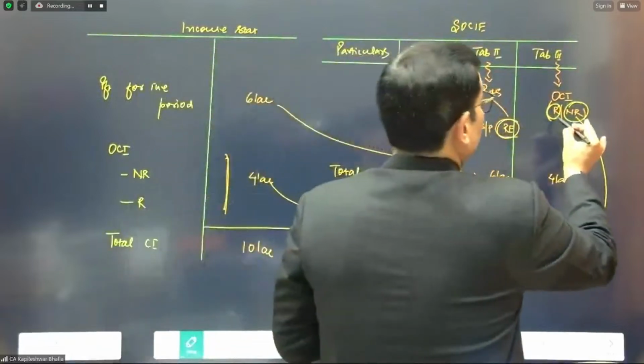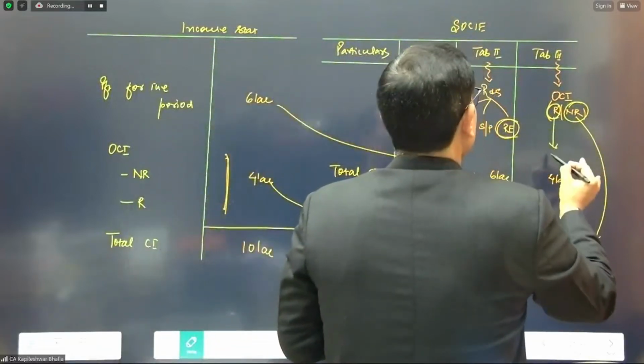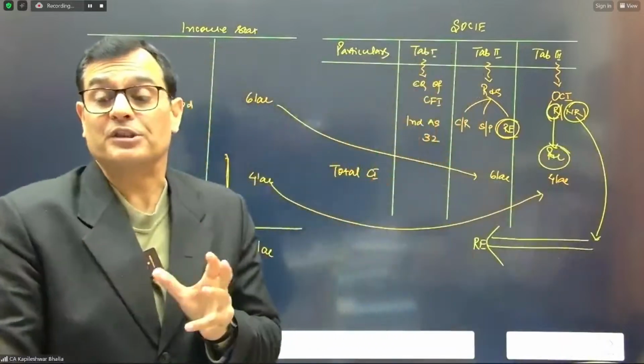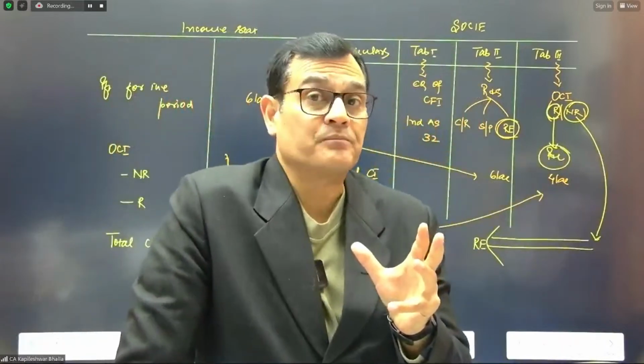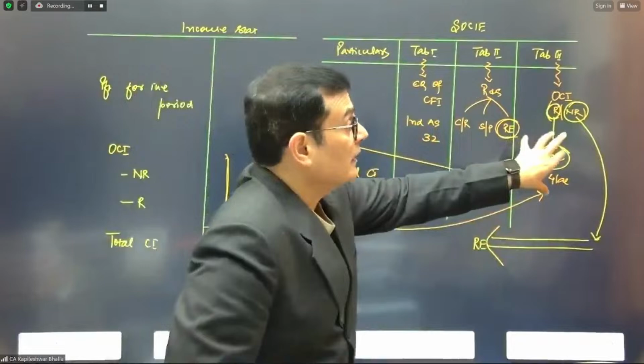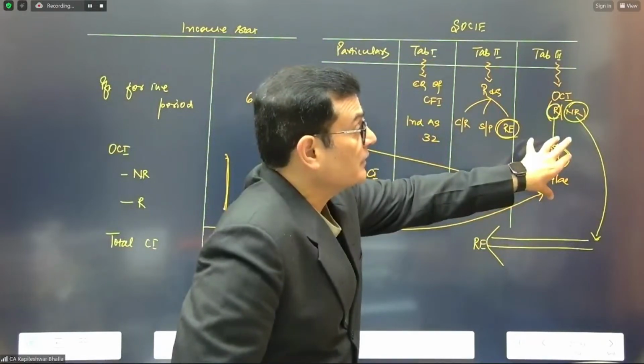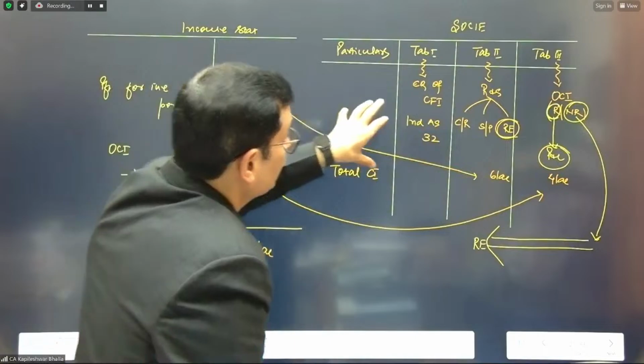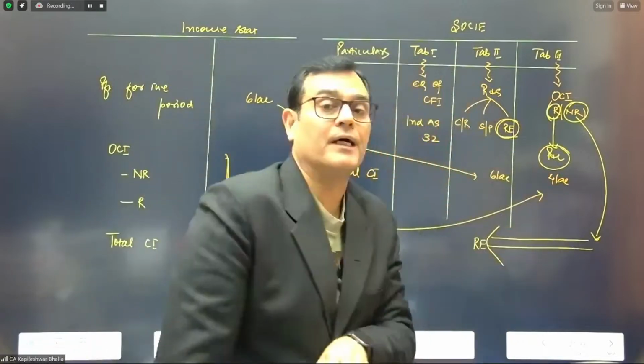And the portion which relates to recycling is taken to the profit and loss account in the year in which derecognition takes place, and when it becomes a part of the profit of that year, it automatically enters the RE.